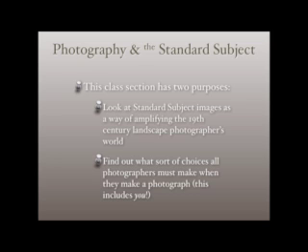But a secondary concern is to find out what sorts of choices all photographers have to make when we make photographs. And this includes you and me and everybody else who is currently photographing. One of the reasons we have a class like this is to help you think through why you're making photographs and how you're making photographs, by looking at the fact that the choices you're making in today's world are not a whole lot different from the choices that the photographers we'll look at for the next few minutes had to make as well.